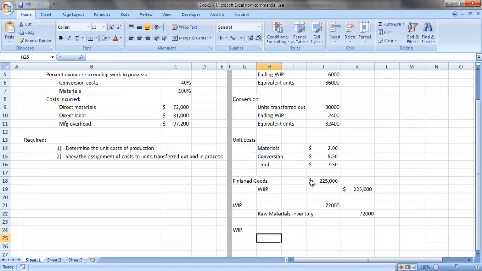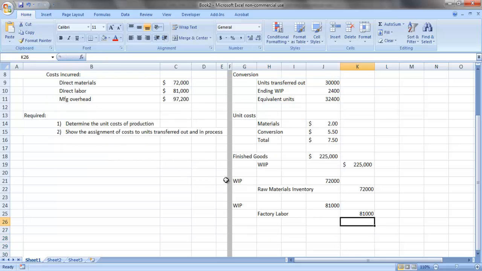We'd also have direct labor costs coming from the factory labor account to work in process for the total of our direct labor costs of $81,000. And finally, we would show applied overhead coming from the manufacturing overhead account to work in process for the total of our overhead costs incurred, $97,200.